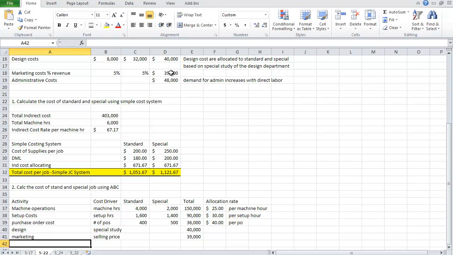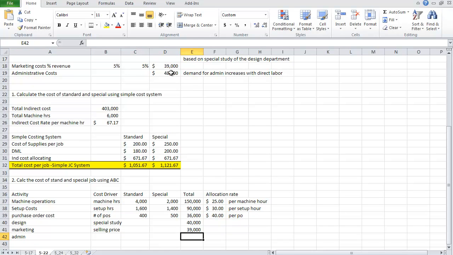Okay. And last but not least, we have administrative. And we go over and learn that that is 48, and it's based on admin increases, and it says that it's based on direct labor.